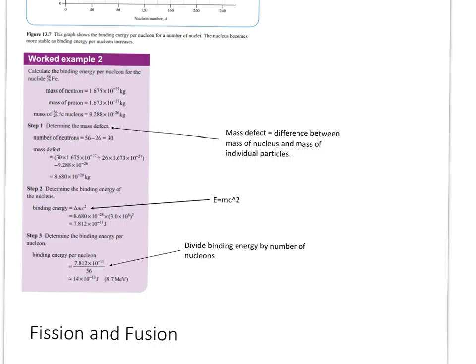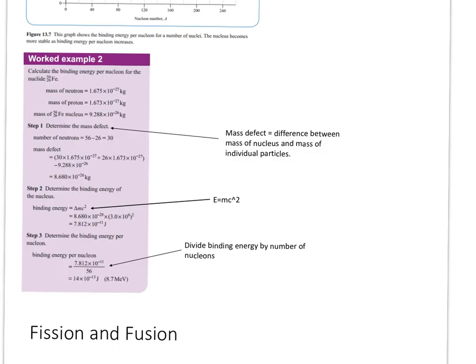So this is a worked example using the E equals mc squared equation from above. You have to calculate the binding energy per nucleon for the Fe-56 nuclide. You have the mass of a neutron, the mass of a proton, and the mass of the whole nucleus.